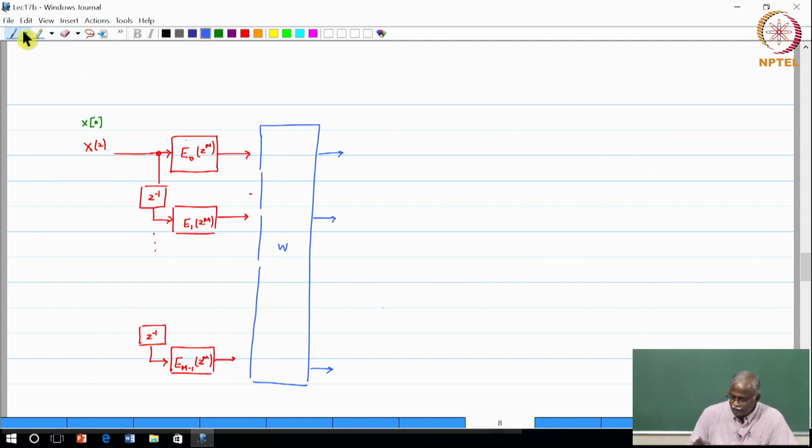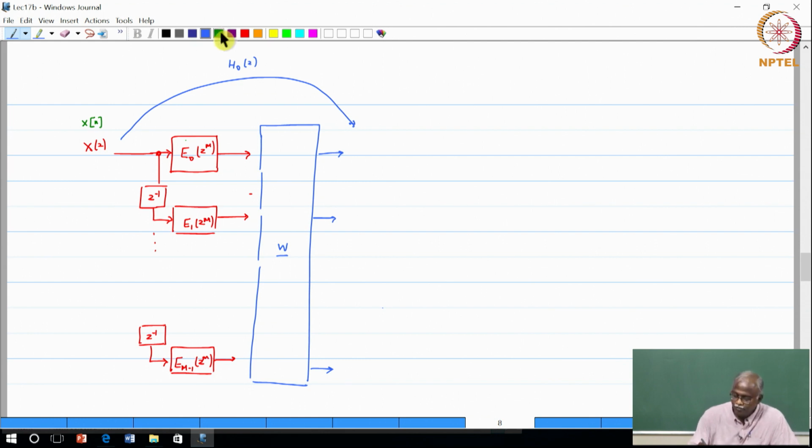Very quickly, let us write down the transfer functions. Between this point and this point, the transfer function is H naught of Z, if you go back and look at the expressions there.